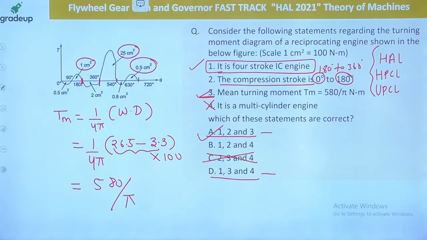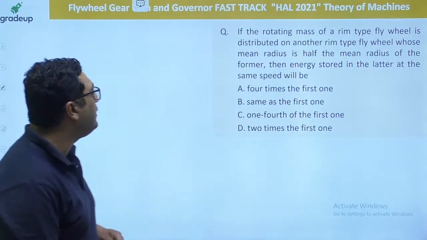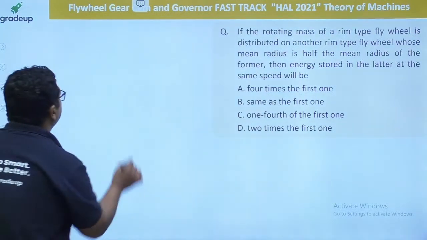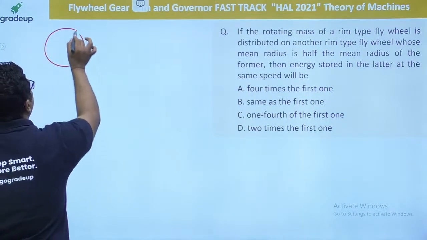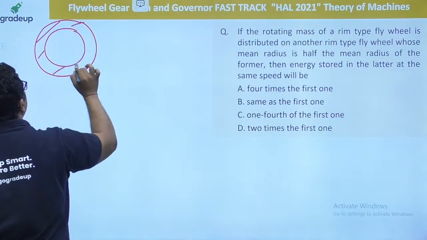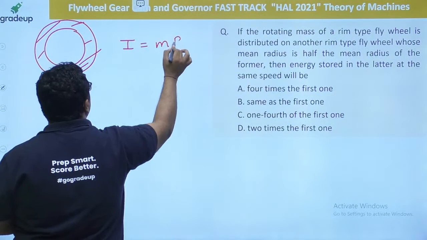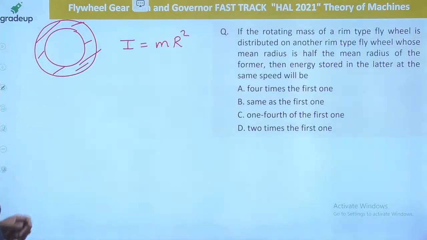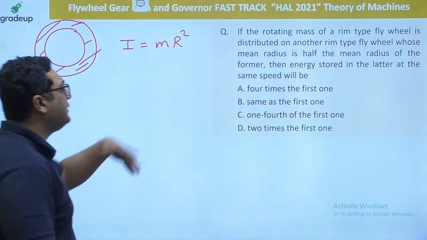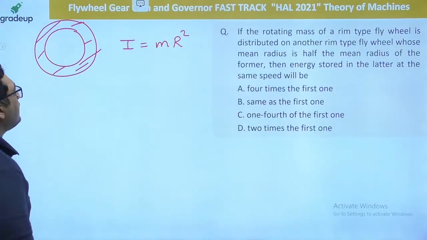So let us move to the next question, guys. This is the next question. If the rotating mass of a rim type flywheel... in a rim type flywheel, the complete mass is outside, and because of this, I is going to be mr square. Now it is given that another rim type flywheel has a mean radius half the mean radius of the former.